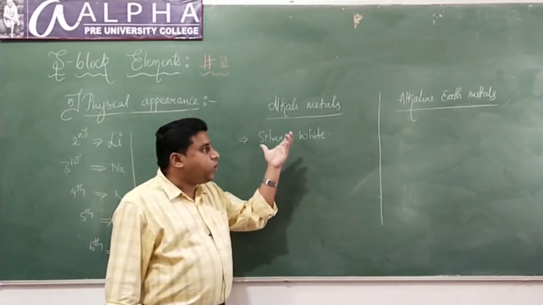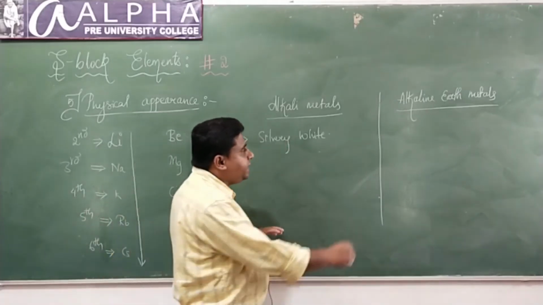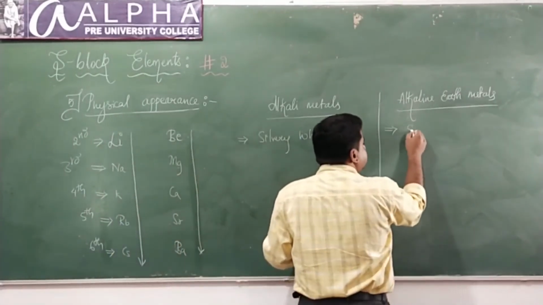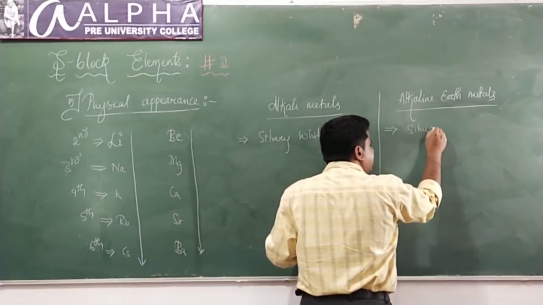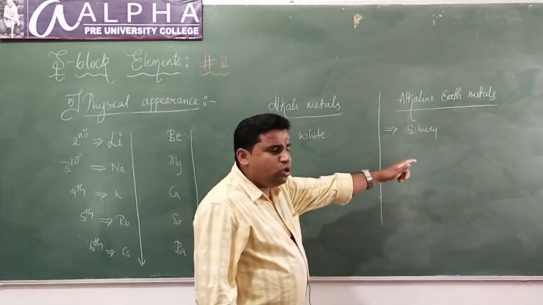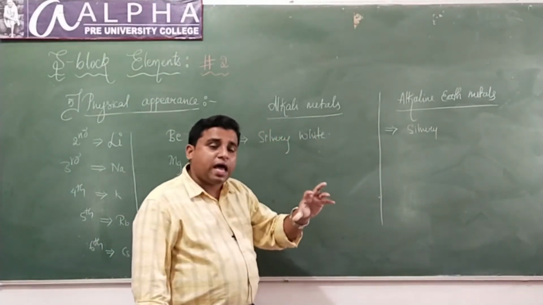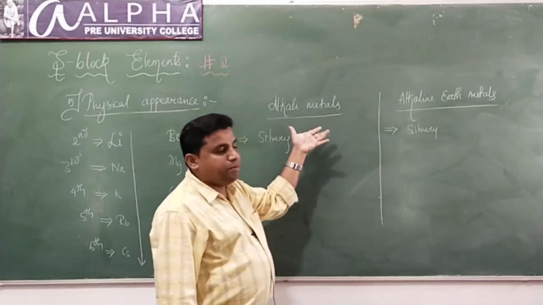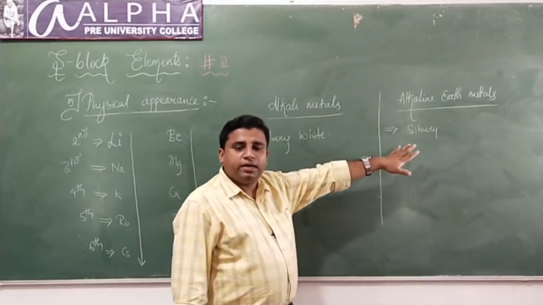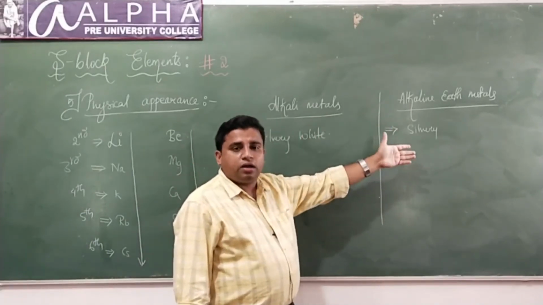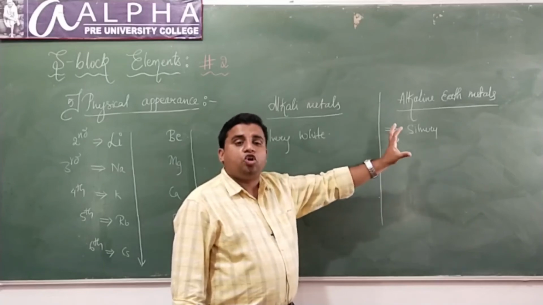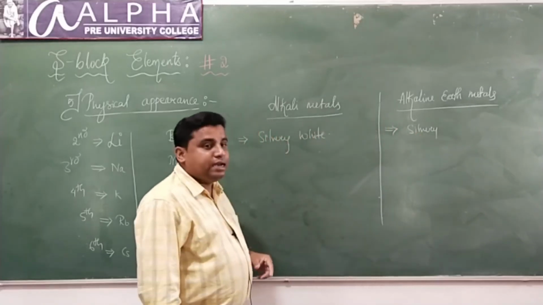Alkaline earth metals are also silvery metals, but they look dull compared to alkali metals. They are not as bright as alkali metals.